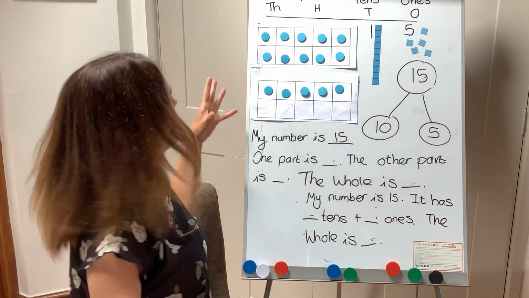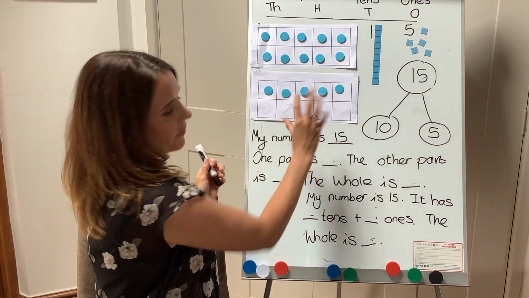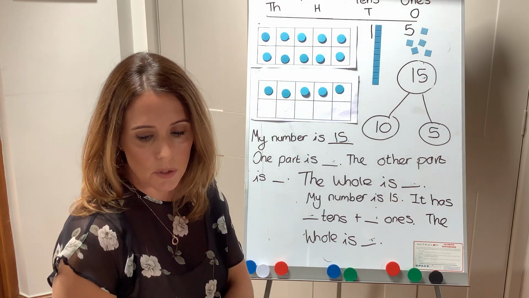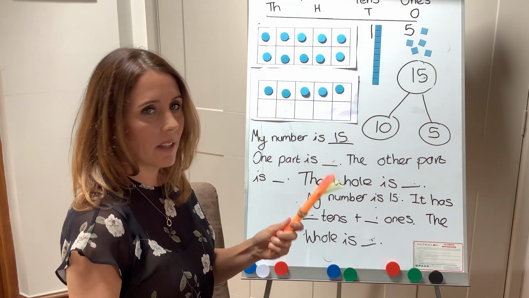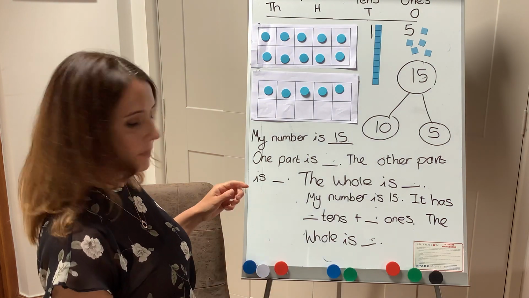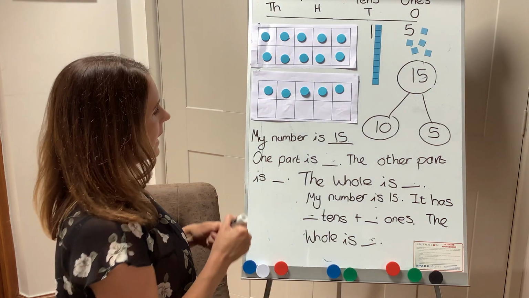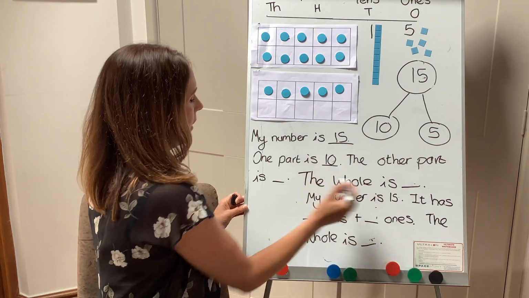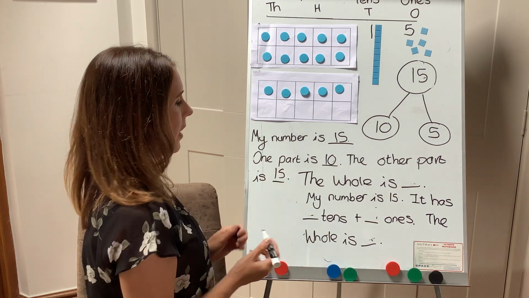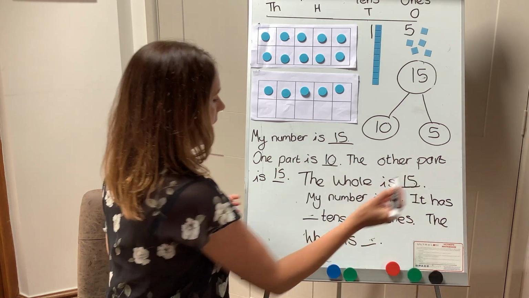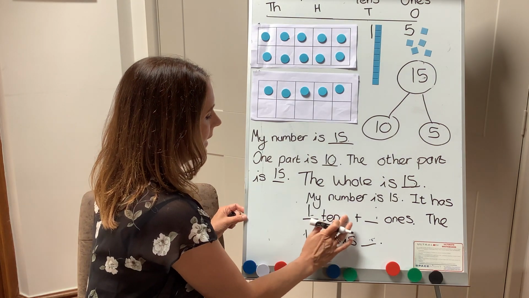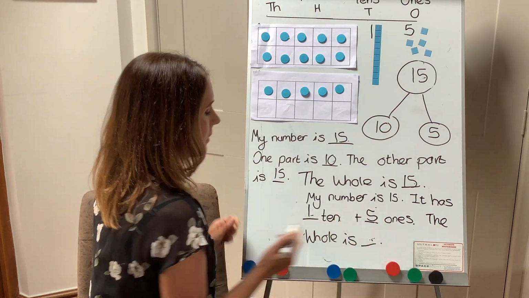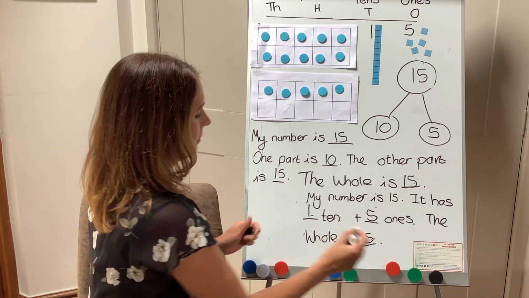We've got one group of 10 and we've got 5 ones. We can use the straws as well. You can have 10 straws and you can have 5 1 straws. So my number is 15. One part is 10, the other part is 5, the whole is 15. My number is 15. It has 1 ten and 5 ones, the whole is 15.